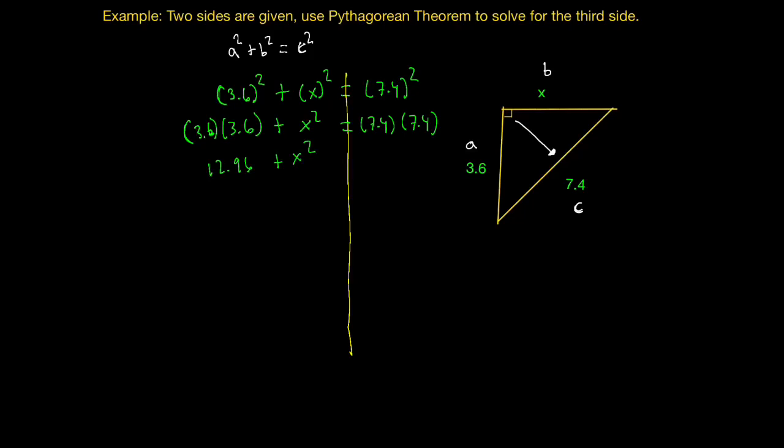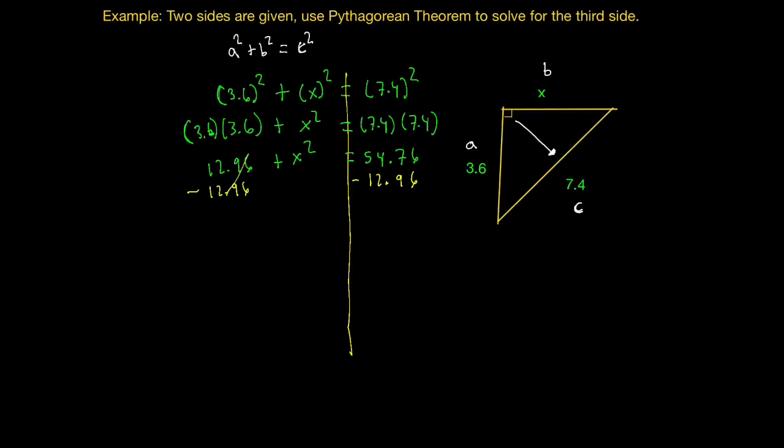Plus x squared, and then 7.4 times 7.4 is going to be 54.76. I'm going to subtract 12.96 because I want to isolate x to the second power. So whatever I do to the left, I have to do it to the right hand side.